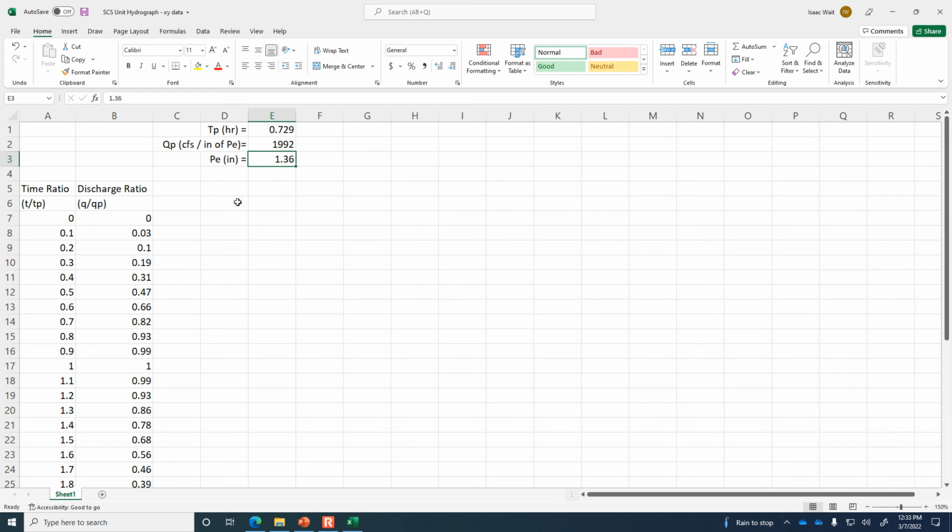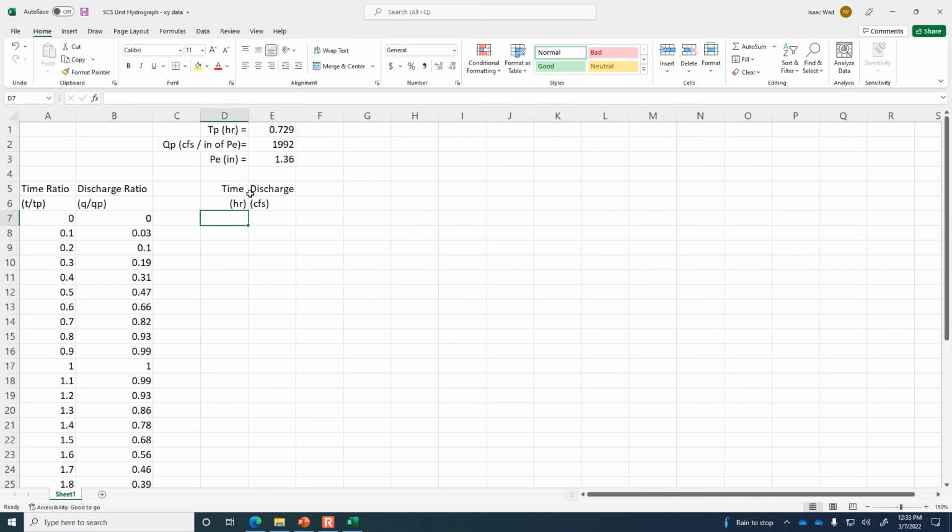So what this method does now, we're going to have a column with time in hours, and then a column with discharge, and that is going to be CFS. The time in hours will be a formula where we multiply the time ratio by the time to peak. Because right now this is unitless, but the time to peak will tie it all together with units of hours.